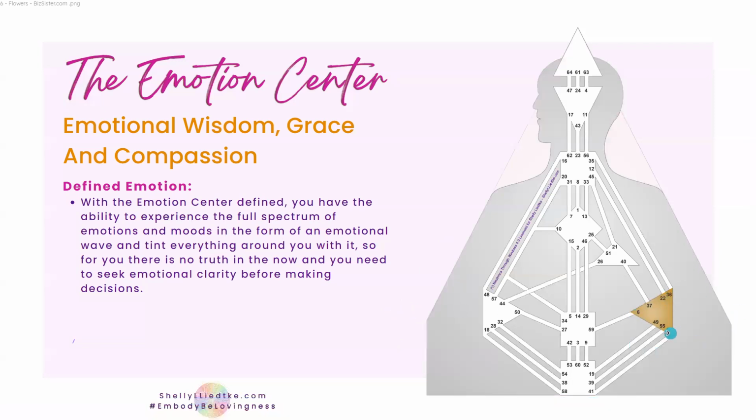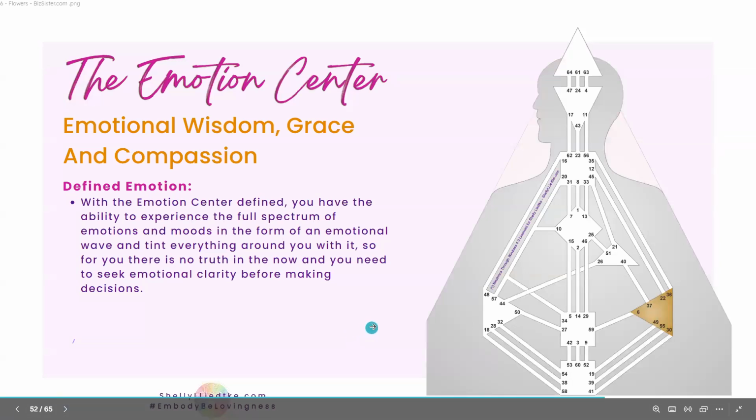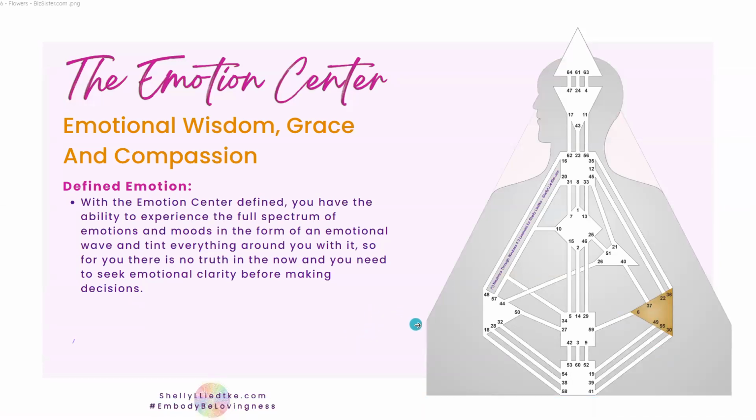Especially for the defined emotion center. The defined emotion center has the ability to feel the full spectrum of emotions and moods. Now, emotional clarity comes real quick because we can get confused about emotional clarity. What is emotional clarity for the defined emotion center is a calm, still point.